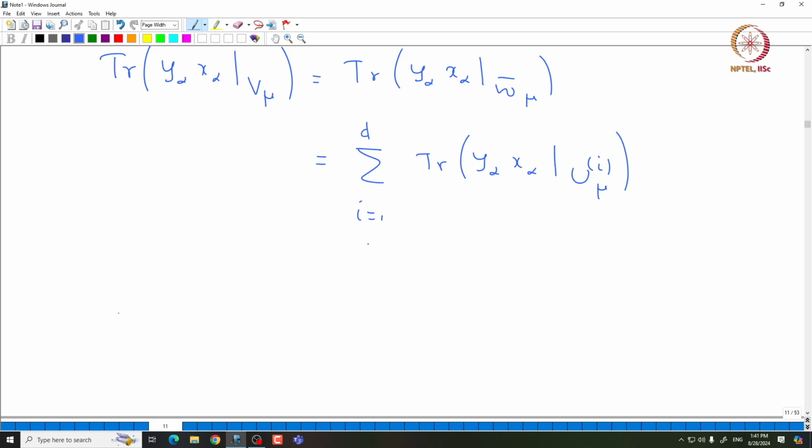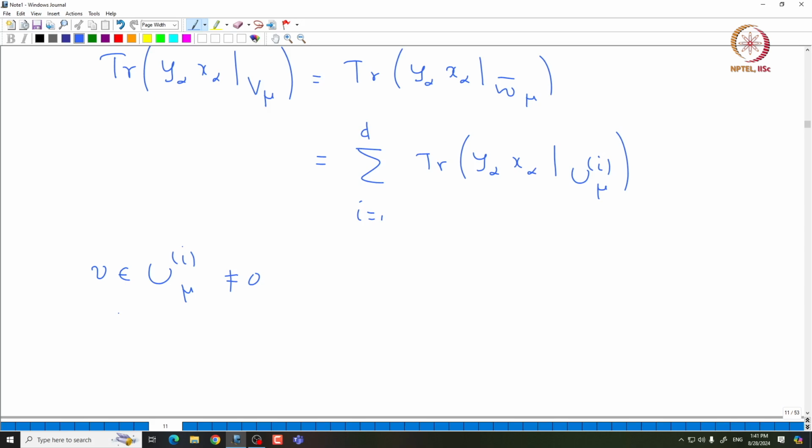So, let us start with some element there and then try to compute the trace of this. Note that if I start with the vector V inside U I of mu, we just assume that this space is non-zero. We want to calculate how this Y alpha X alpha acts on this space.